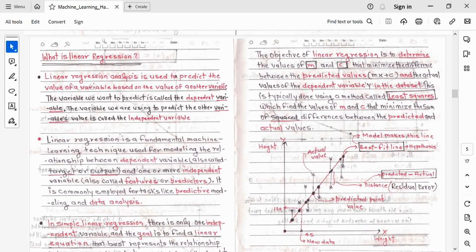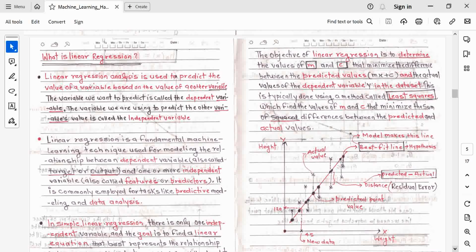Linear regression is a fundamental machine learning technique for modeling the relationship between the dependent variable, also called the target or output variable, and one or more independent variables, also called the features or predictors.